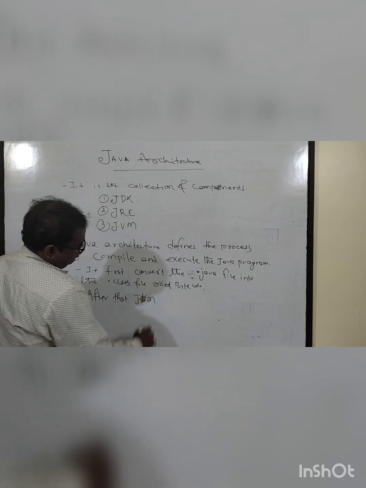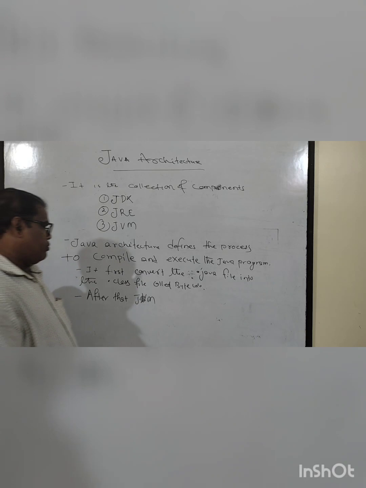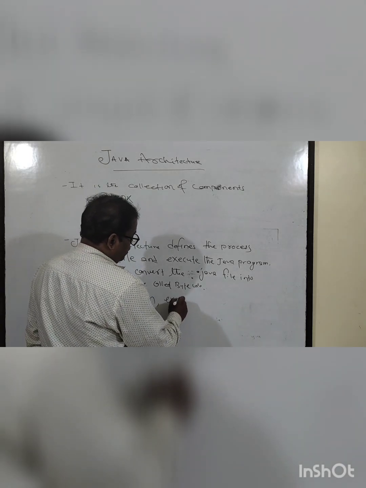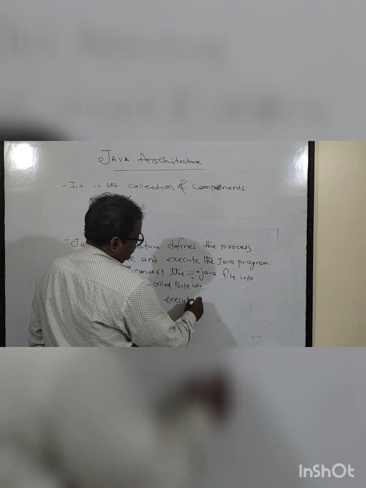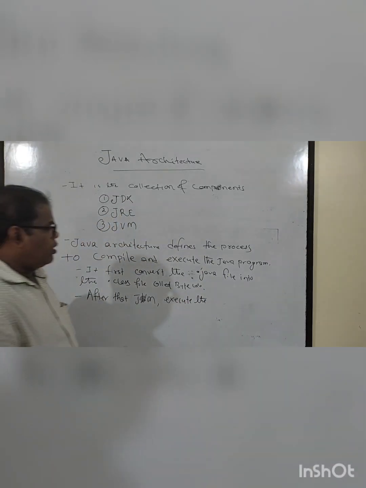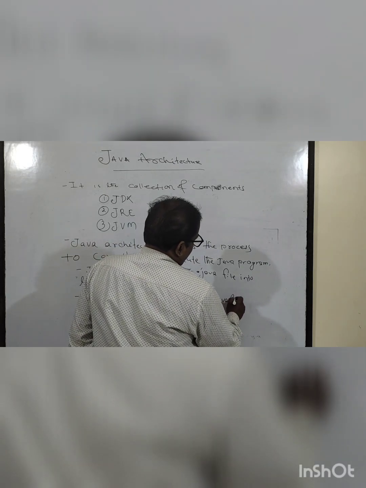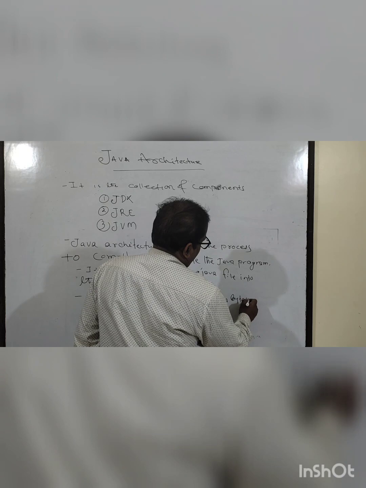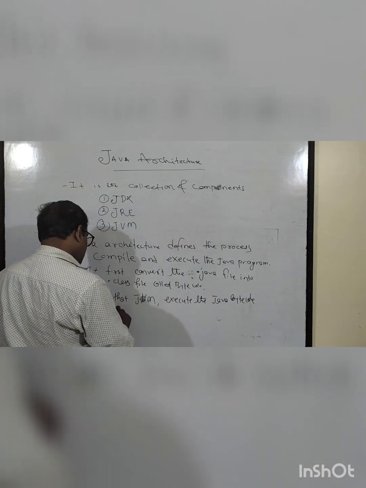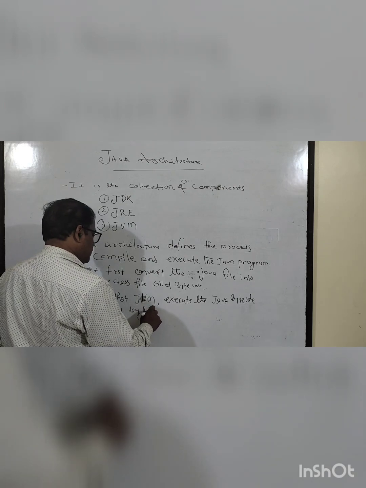After that, what does the JVM do? The JVM interprets and executes the Java bytecode line by line.